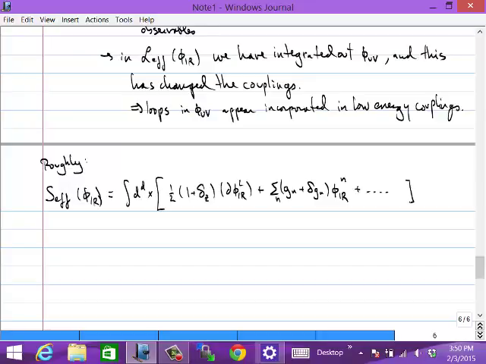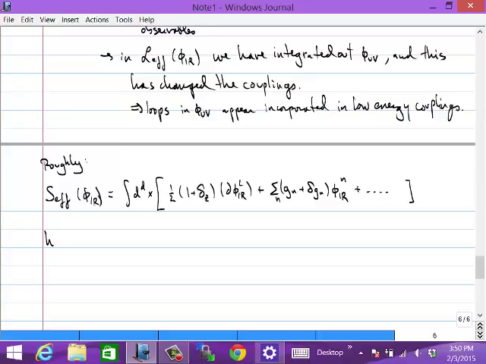And next class we'll begin to develop some techniques for computing these things. Okay. So what we want to do is understand how these coupling constants change as you dial that parameter b.